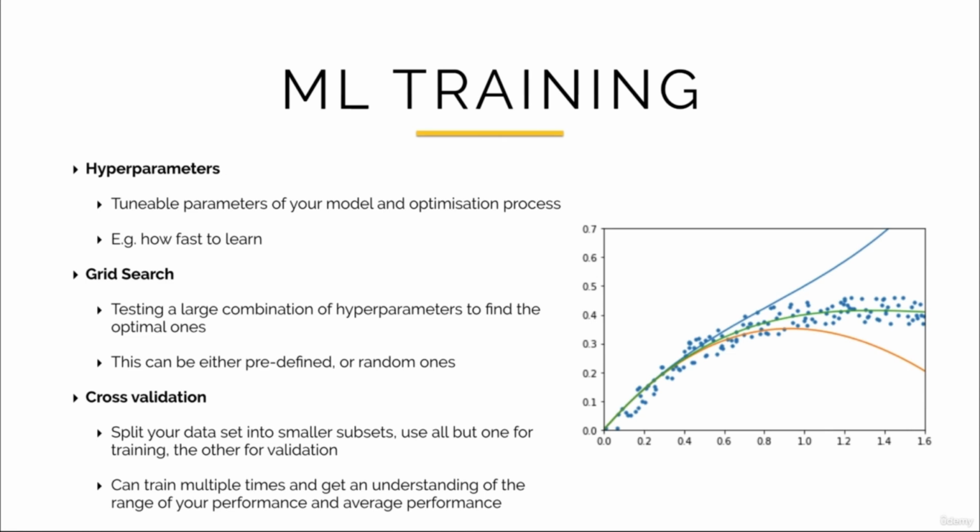That way you can train several different models, or the same model several times, using different training and validation sets, so your model sees different types of data and different unseen data. The cool thing about cross-validation is that you not only get an understanding of how your model performs right now, but also how much your model varies. So what is the expected performance range that I can expect from this type of model?